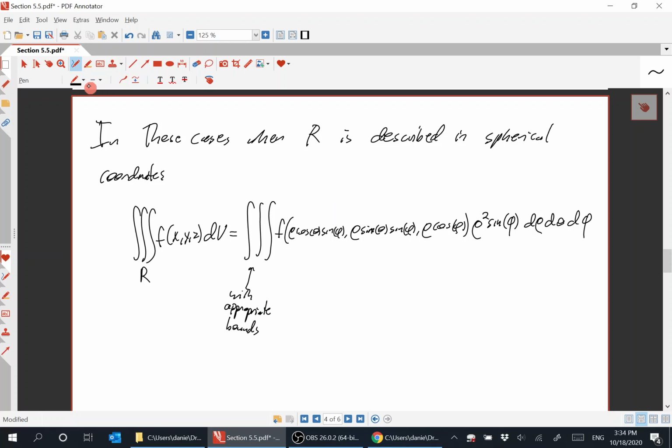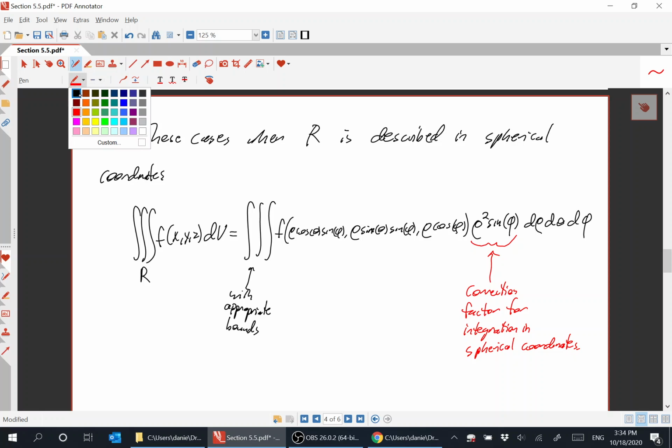Okay, so here there's this correction factor, and that has to do with integration in spherical coordinates. So there's that correction factor for the transformation from rectangular coordinates to spherical coordinates.